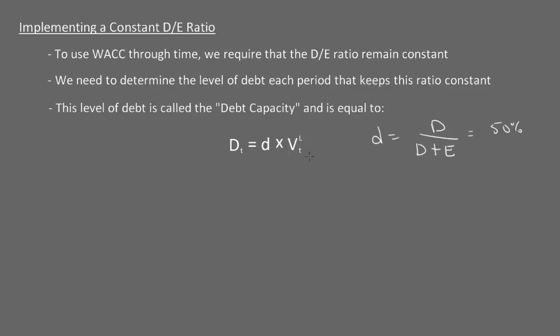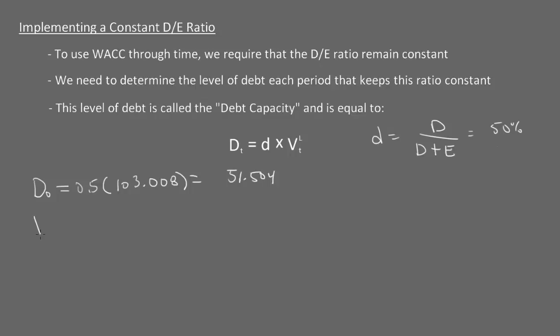VtL is, of course, your levered value of the firm. So using the above example, we can calculate debt at time 0, which is simply 50% multiplied by our levered value of the firm, which was 103.008. That gives us a value of 51.504.